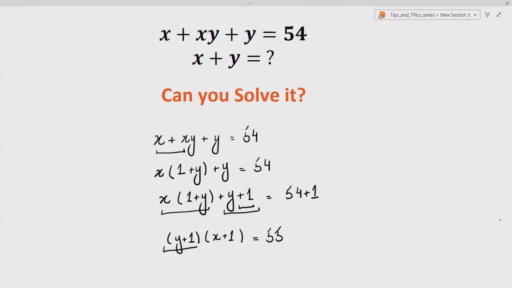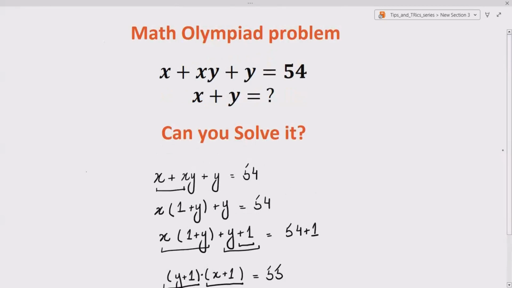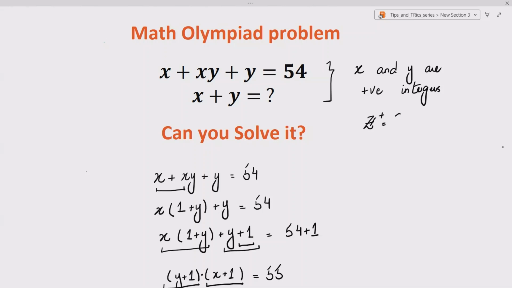Now two brackets are multiplying with each other and equal to 55. The thing we are given along with these equations is that x and y are positive integers. The set of positive integers, Z plus, starts with 1, then 2, 3, and so on.